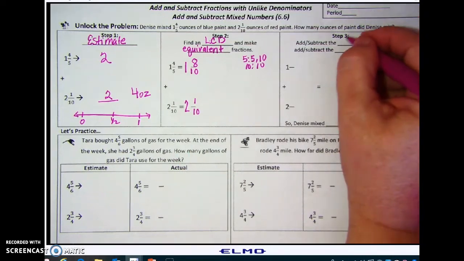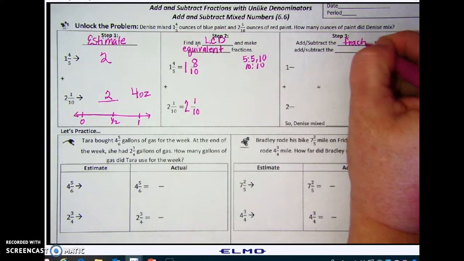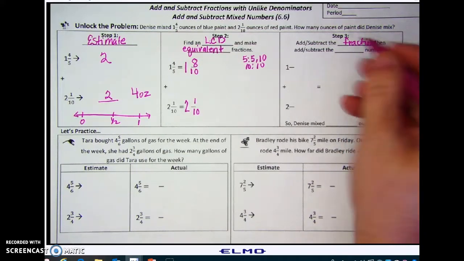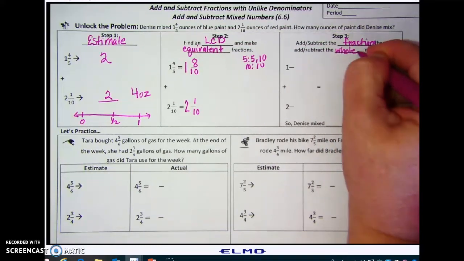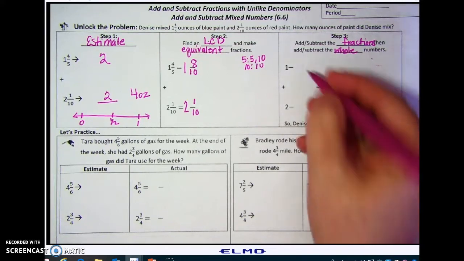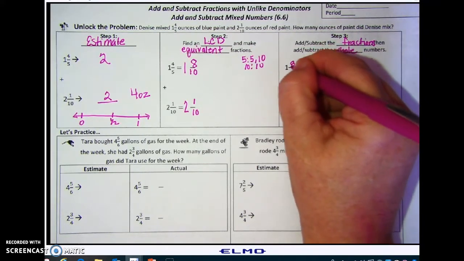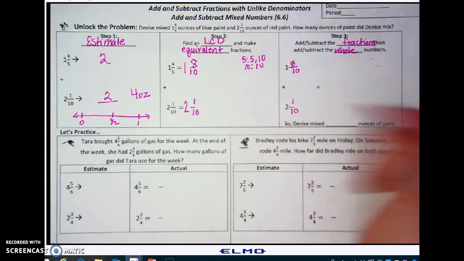So now I'm going to add or subtract the fractions. Then I'm going to add or subtract the whole numbers. So I'm going to do the fractions first, then the whole numbers. So 1 8/10 plus 2 1/10.